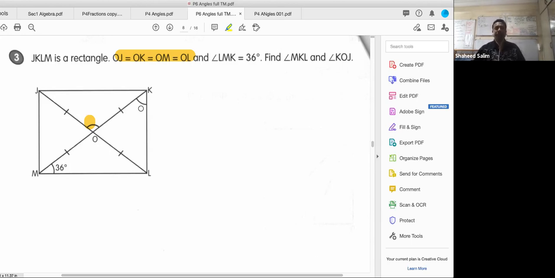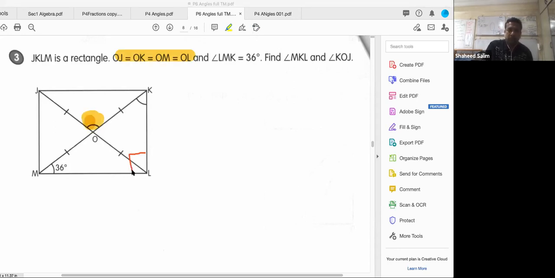Irhan, correct. What about Putri and Akil for this one? Cannot be 90. Sorry, this is more than 90. So we go step by step. We are finding this one.